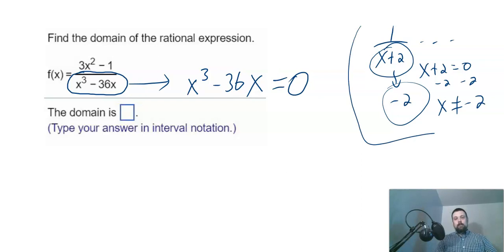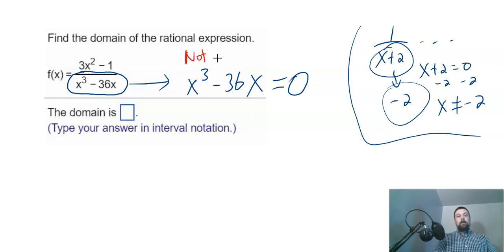So anyways, back on this problem here, same idea. I want to know what numbers would make this equal 0, but this time it's harder to tell just by looking at it. So instead, we'll just set up an equation by taking the denominator, setting it equal to 0, and then let the equation tell us the numbers that would make this equal 0, instead of us trying to guess or just figure it out by looking at it.